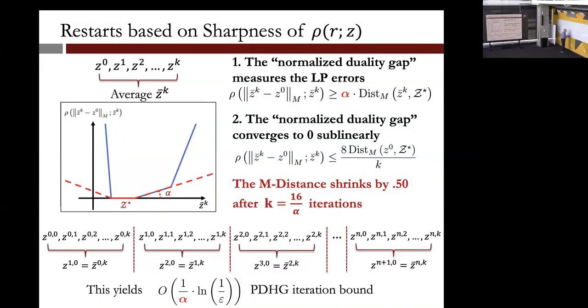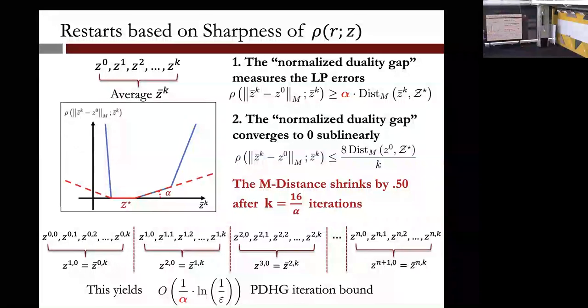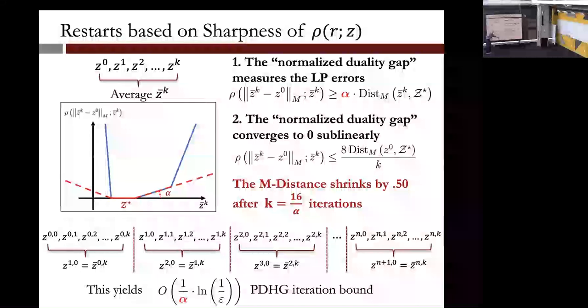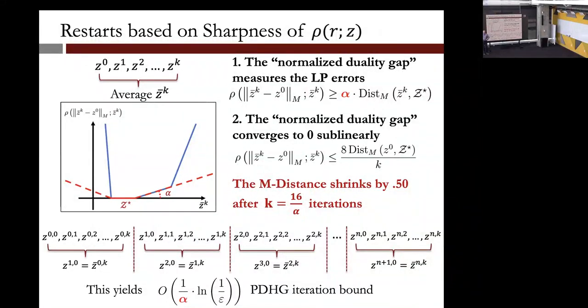And the higher the angle, the sharper it is. So if I have this sharpness in my normalized duality gap, I actually get a 1 over alpha log 1 over epsilon total complexity, okay? But of course, if the sharpness value is very low, then I'm gonna have a big constant here, okay?